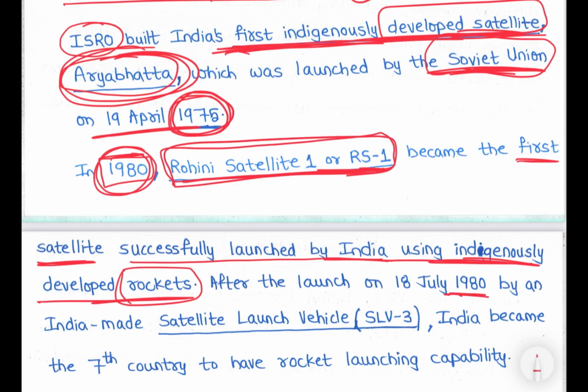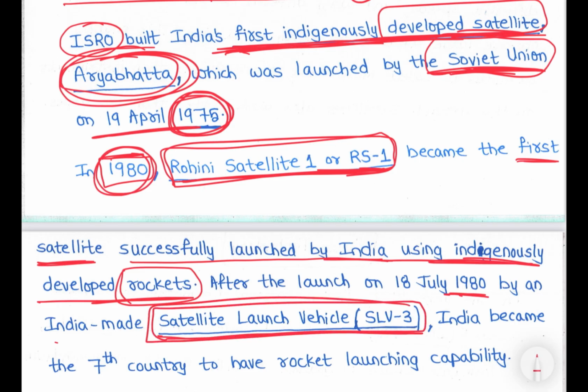It was launched by the Indian made satellite launch vehicle SLV3. We will be studying all the launch vehicles. So India became the seventh country to have rocket launching capability, in 1980. So all the space launching vehicles will be studied.